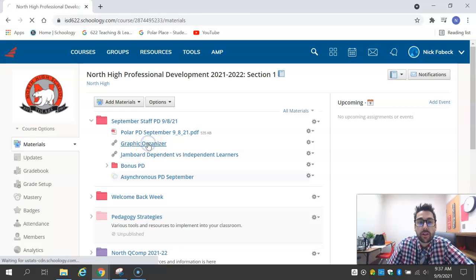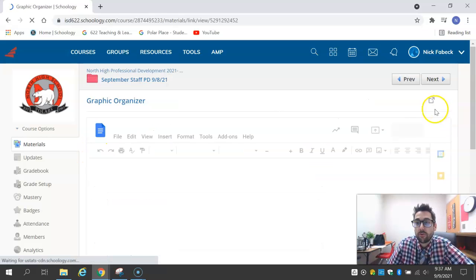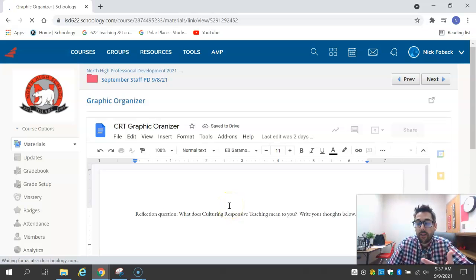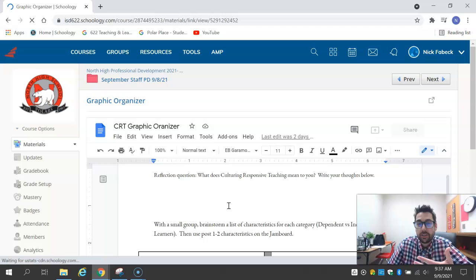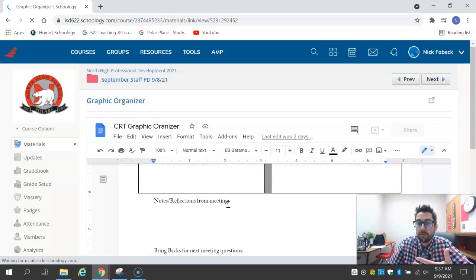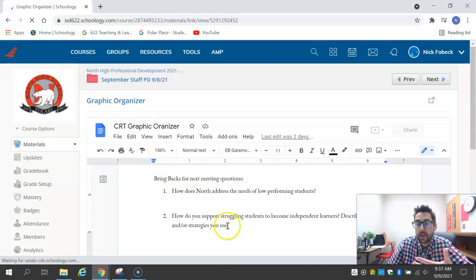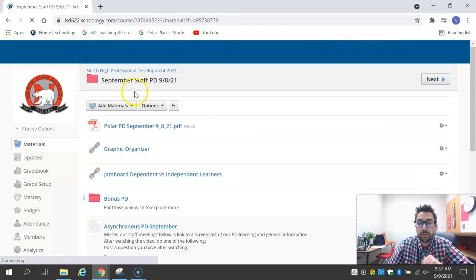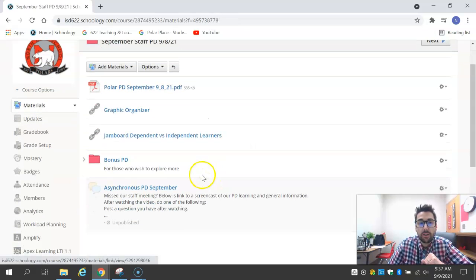This graphic organizer is what we used for our reflective thinking. If you have this, you can make a copy and type some notes and reflections, and later I'll talk about these last few questions at the end. That's where you would find our staff PD for September, and there are also some other things in here, a little bonus PDs.